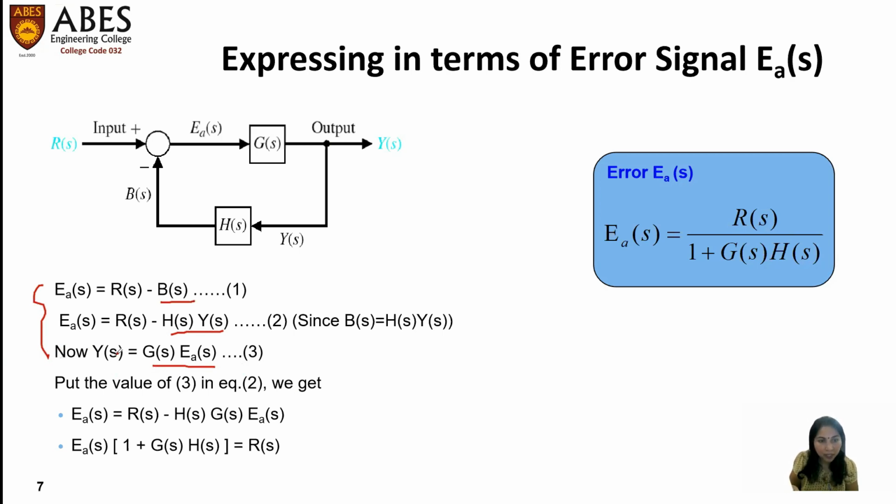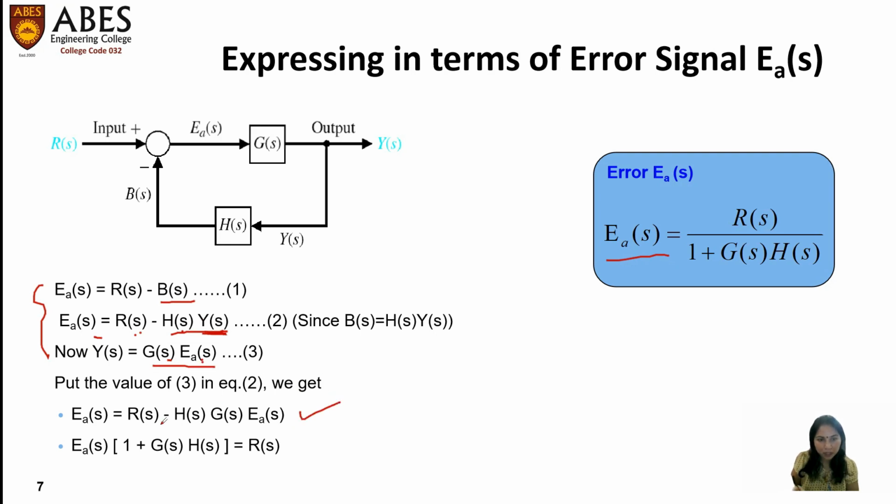Now here I want the expression in terms of ES. So in this equation, in place of YS, we will substitute GS into ES. Means we are making this whole equation in terms of ES, RS and HS. So we'll get this equation.